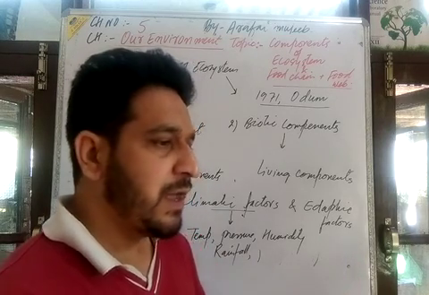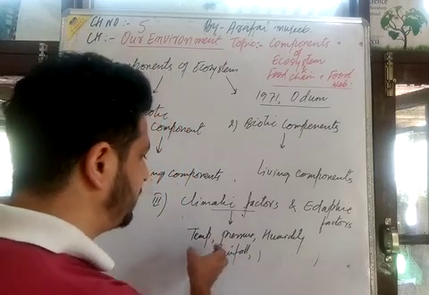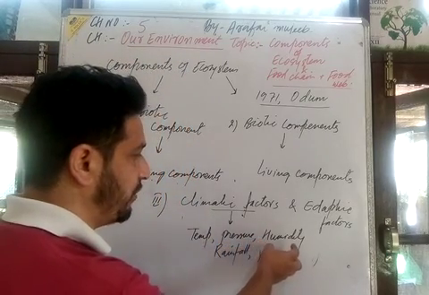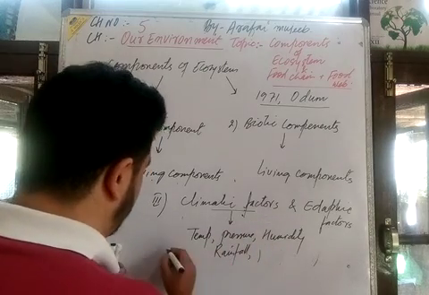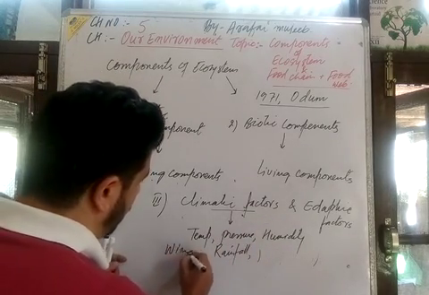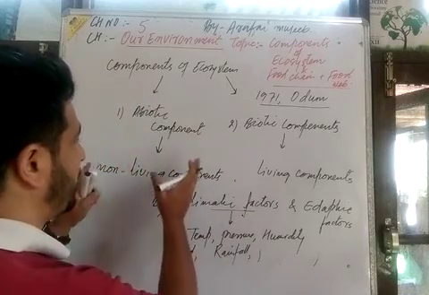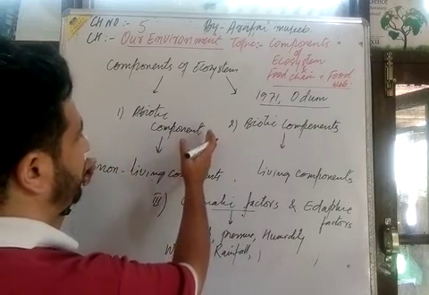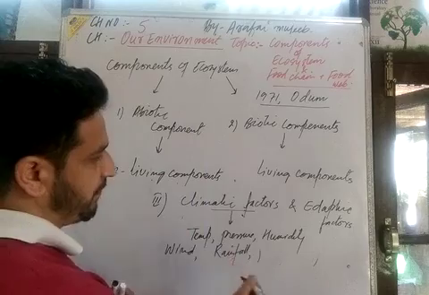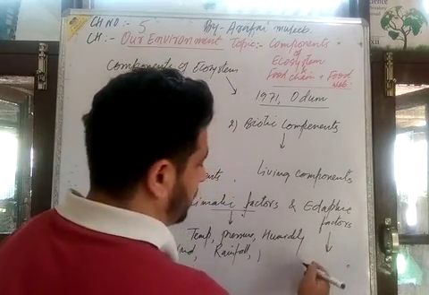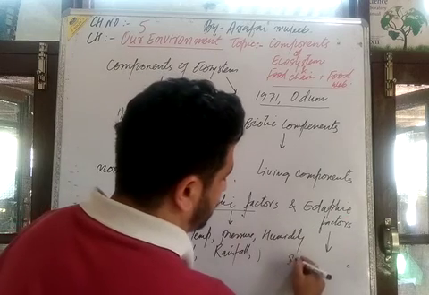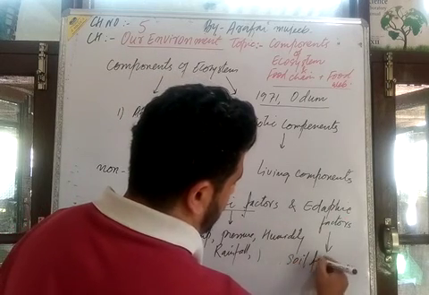I can say that they can be judged by the temperature, pressure, humidity, rainfall, and also the wind. These are the following climatic factors that we consider in the abiotic part of an ecosystem. Edaphic factor में जो आता है, edaphic factors are those factors which are responsible for the soil formation.